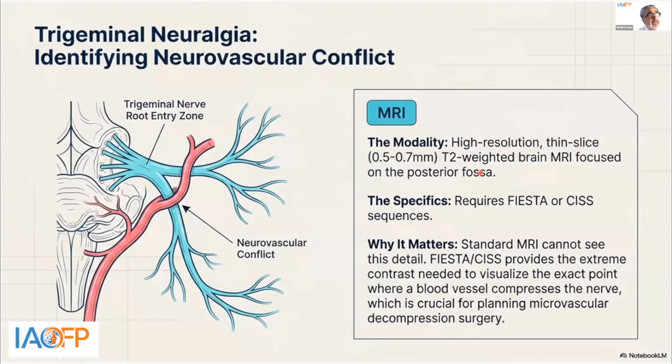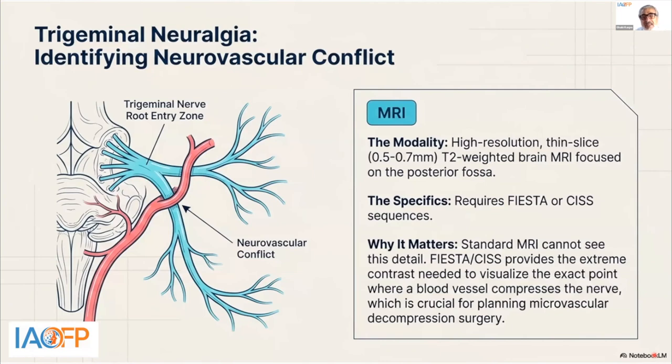Trigeminal neuralgia, we know, is mostly a neurovascular conflict. The aim is to detect neurovascular compression at the trigeminal nerve root entry zone.